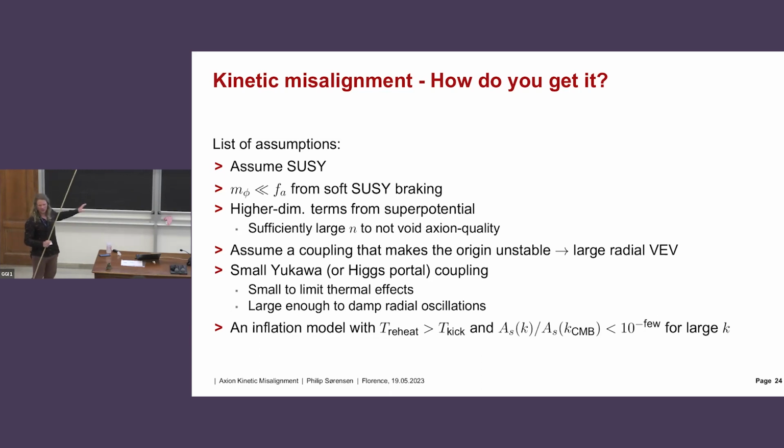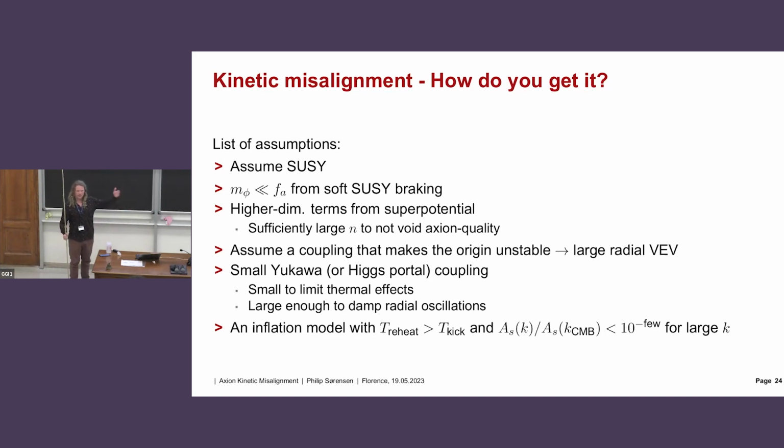I didn't mention it so much, but there are also some slight assumptions on your inflation model. We just have to have a T reheat larger than the temperature where the kick happens, and we also found out that you can't just allow any spectrum of curvature fluctuations from inflation.